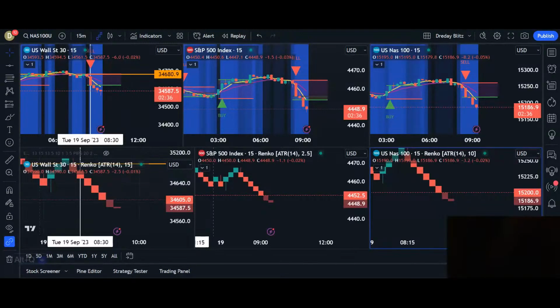And if you have an entry, it's the best time to take the entry, and you get out of the trade using the Renko bars. Like I said, if the Renko bars are aligned with the market movement, for this example, we have a sell signal on every index that you're seeing right now on the screen. That means that we're looking for a bearish movement on the Renko bars, and that's exactly what we're seeing right now.